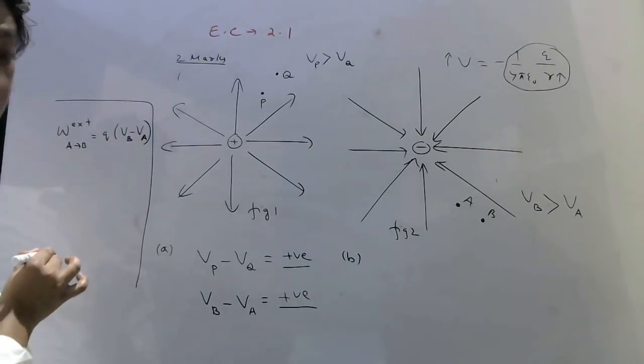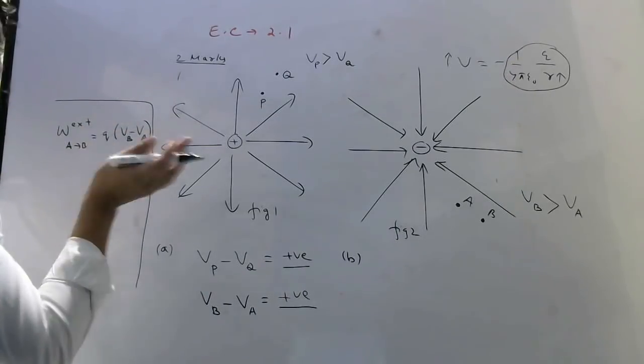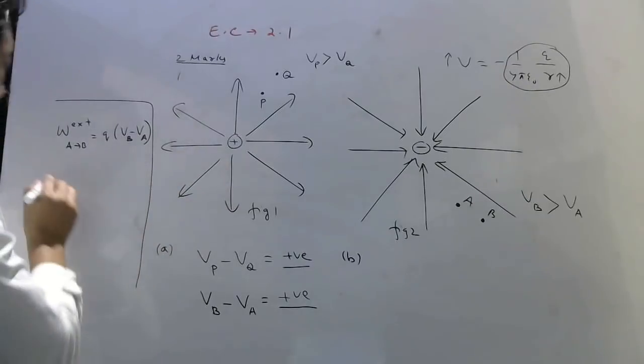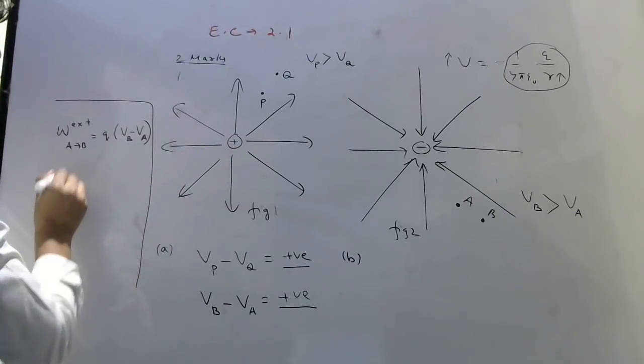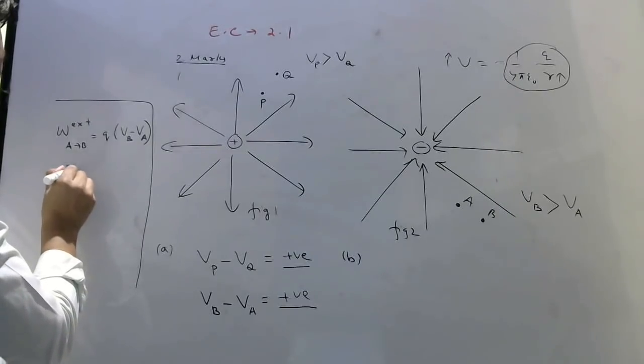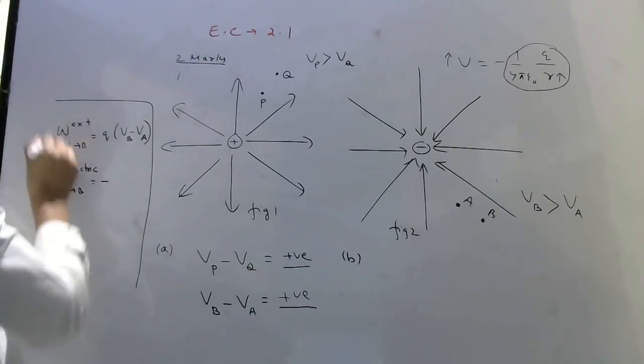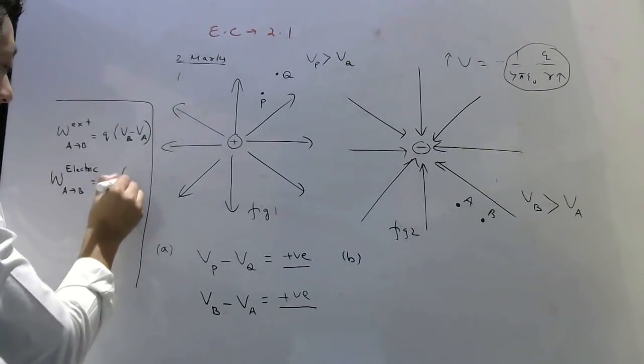This is the work done to move charge Q from point A to point B against the electric field. But if they want the work done from A to B by the electric field itself, that will be minus of this work done. Already I have told you, please revise and check.